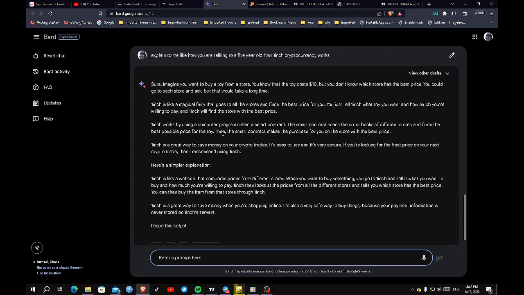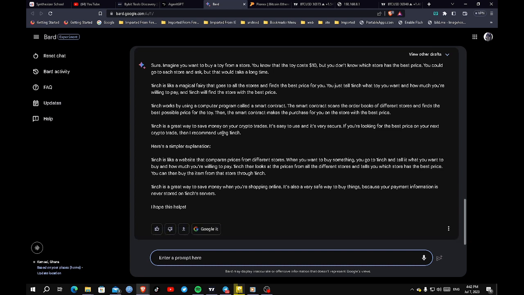It goes on to explain that it works by using a computer program called a smart contract, and the smart contract scans the order books of different stores and finds the best possible price for you. It also says it's a great way to save money on your crypto trades.